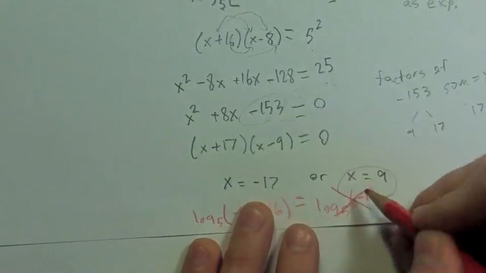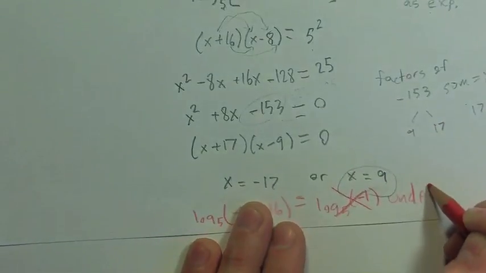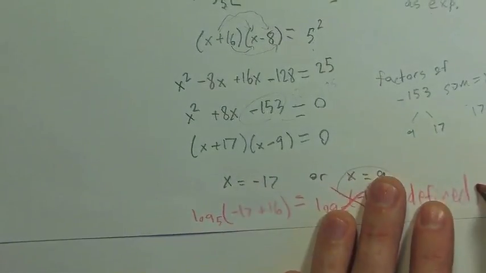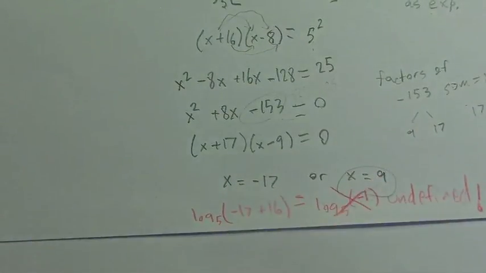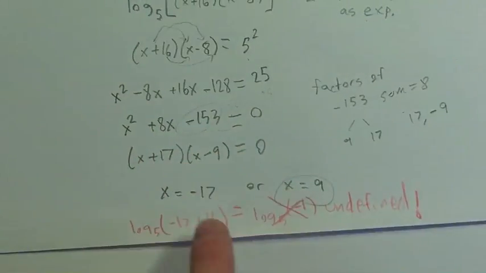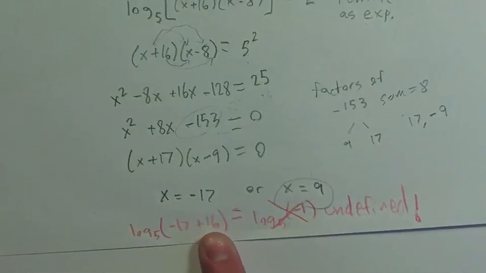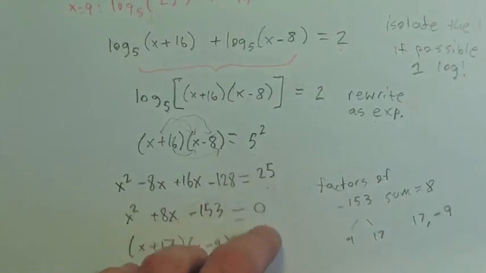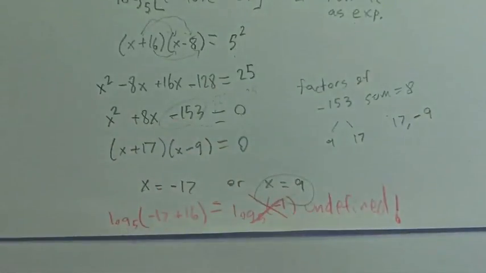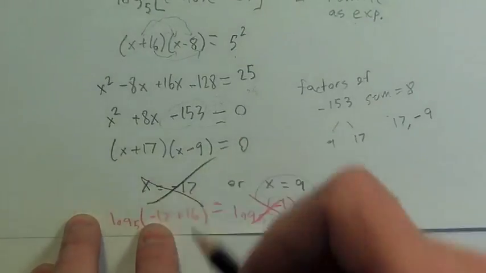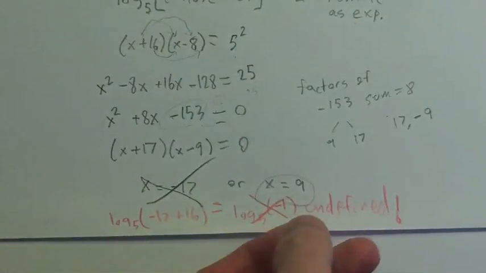And this is undefined because we can't plug negative numbers into logs. Okay? So whatever solutions we get, these things have to be positive when we plug them in. Whatever we're plugging them into needs to be positive. So this x equals negative 17 is an extraneous solution. We need to throw it away.